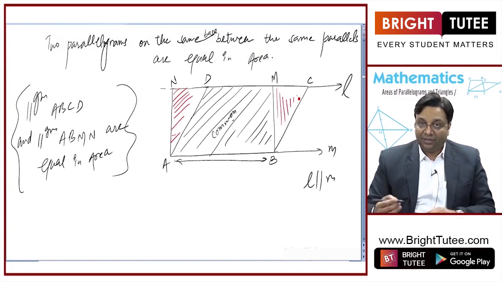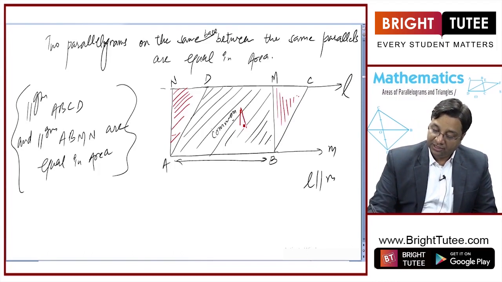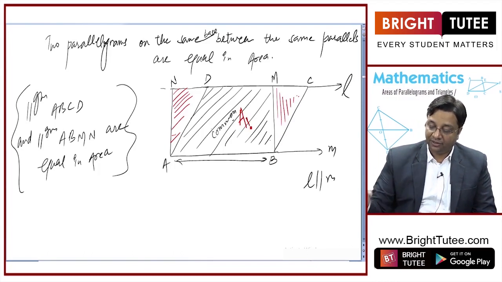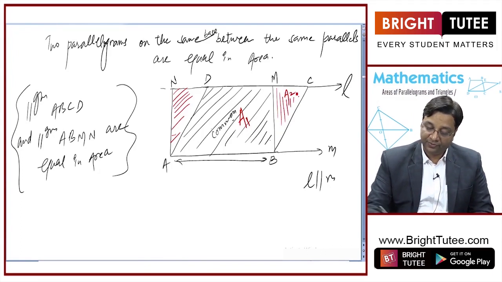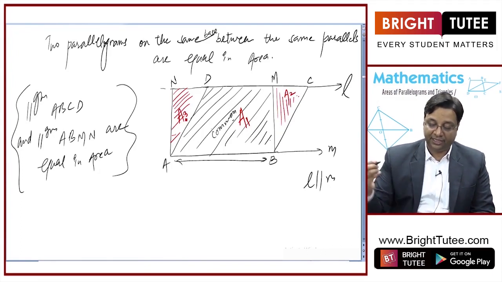Let us say the area of this region is A1, area of this region is A2 and area of this region is A3.